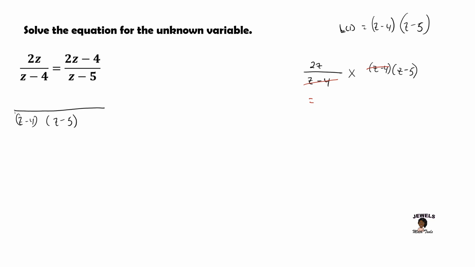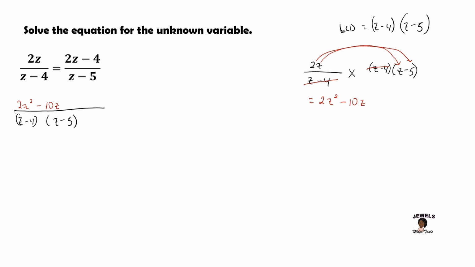So 2z is multiplied to the z, which will equal 2z squared, and then my 2z will also be multiplied to the minus 5, which will equal, we have 2 times negative 5, which will be negative 10, and we will just return the z, because negative 10 times z will equal negative 10z. So we have 2z squared and minus 10z.